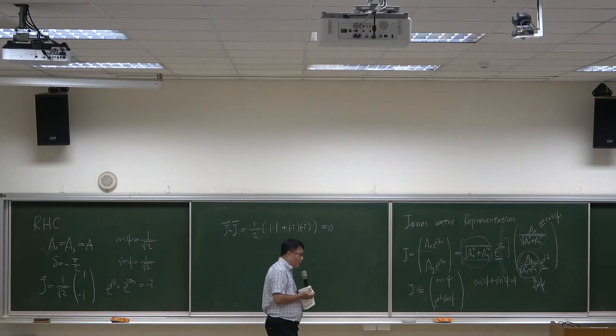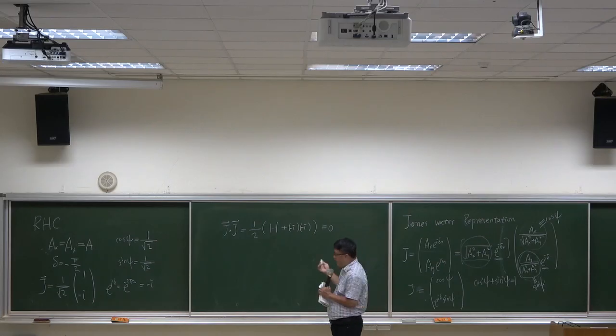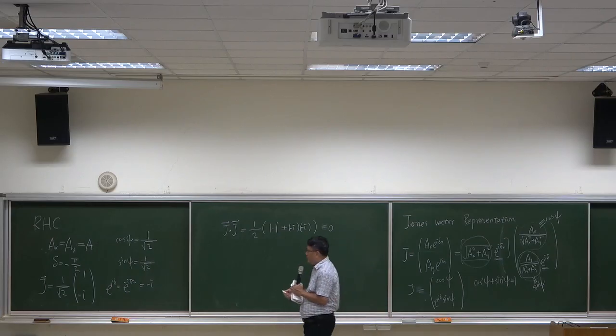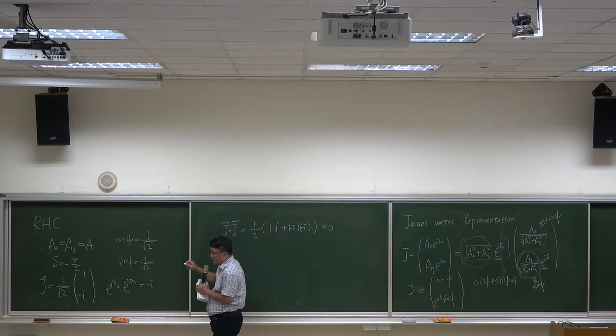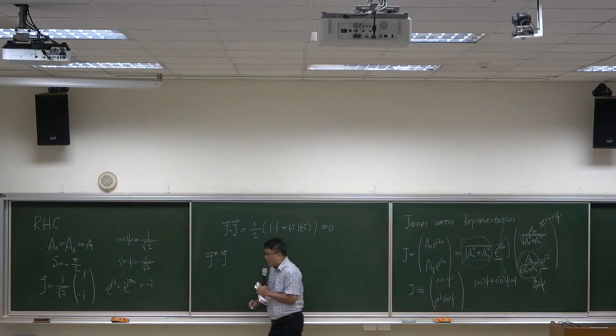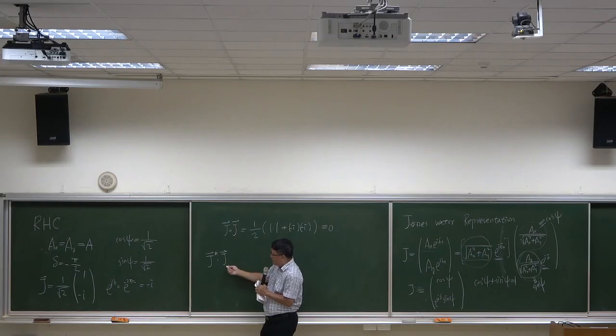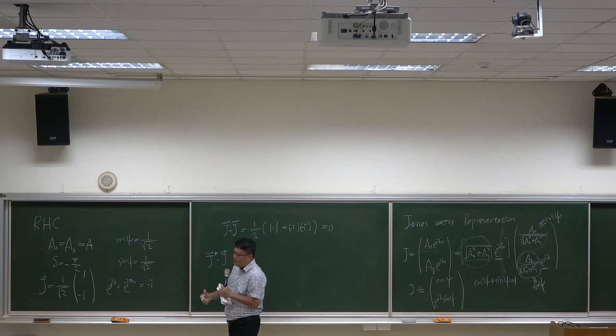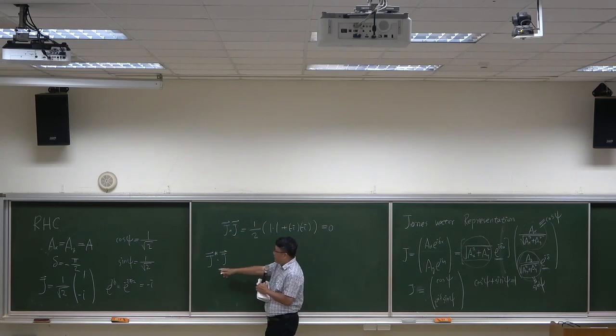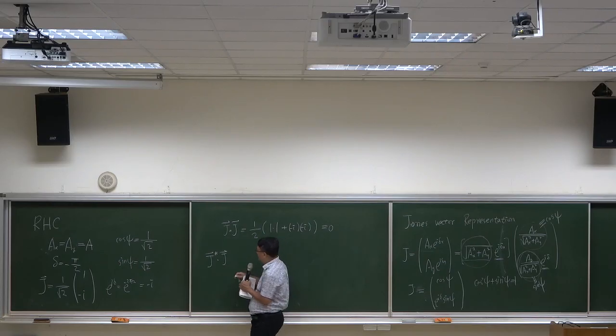So how do we modify the definition of the scalar product so that we get a reasonable result? The correction is that we should define the scalar product between the J vector and itself as J star dot J. This is the correct definition of the scalar product.